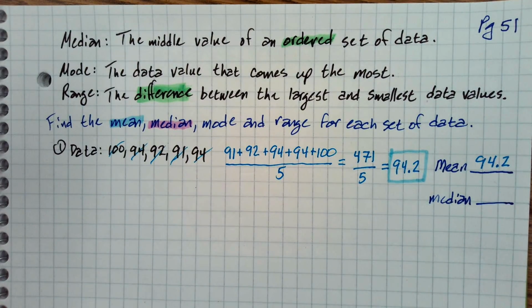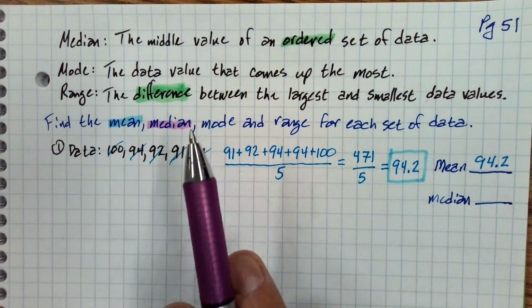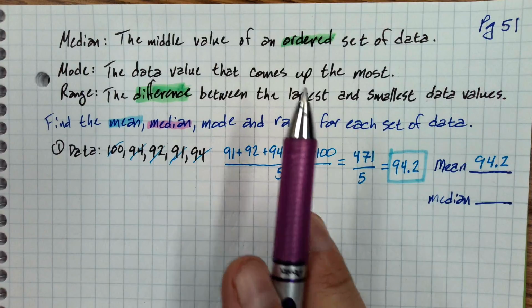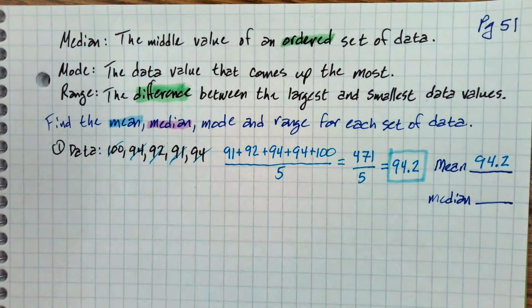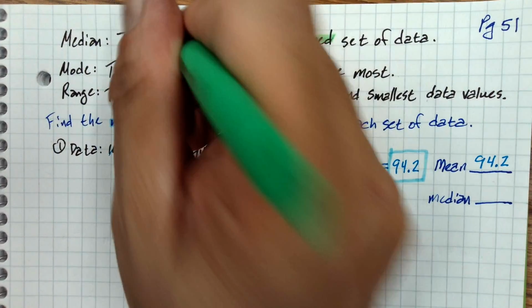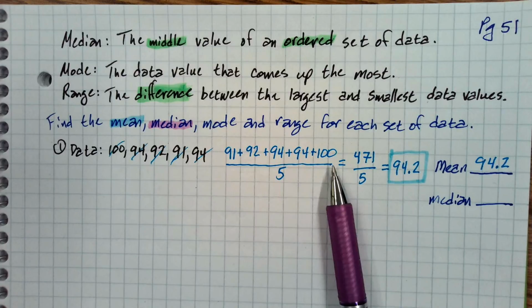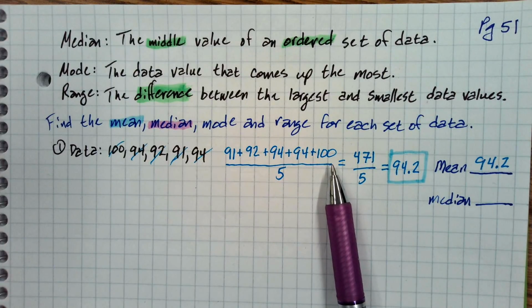And if we have the numbers in order, what we basically have to do is find the middle value, right? It's the middle data value.